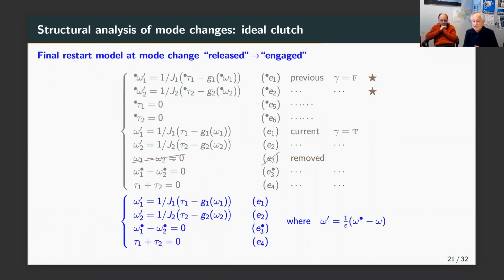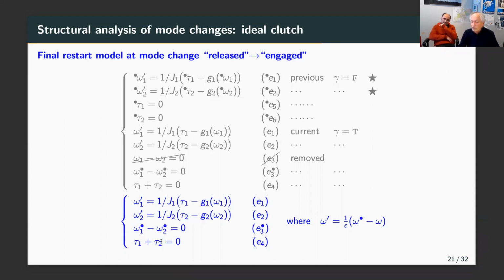If we do this, then we end up with a final model for restart that is useful to derive how the model should be restarted. It consists of the new equation in the new mode for the two shafts and only the constraints omega 1 bullet, omega 2 bullet, and tau 1 plus tau 2 equals 0.